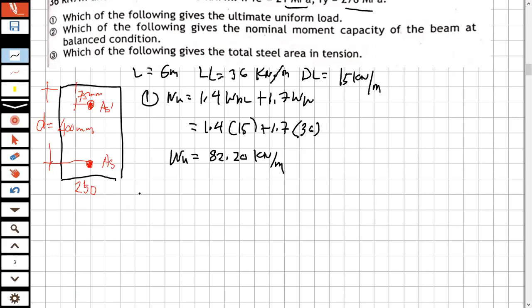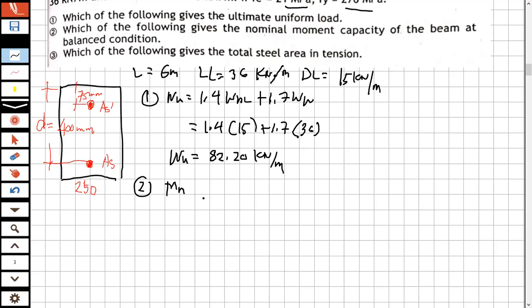And we can see later if we need a compression reinforcement, kasi we are going to compute the steel ratio, or we can also compute the nominal moment. Malalaman man natin sa nominal moment kung malaki siya sa ultimate moment. Okay, so number 2, compute the nominal moment at balanced condition.